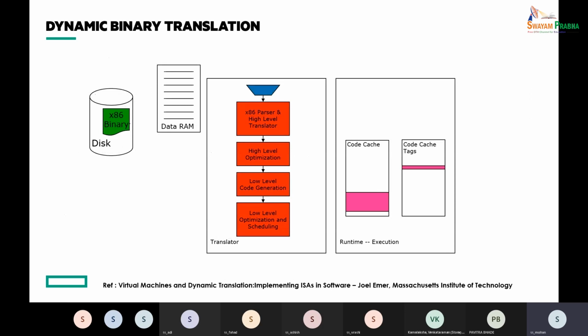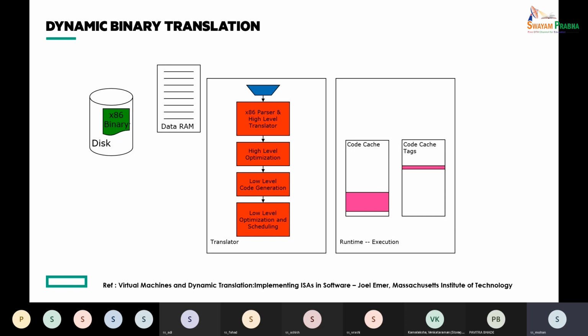If you've studied some of it in your engineering, you will know that it involves taking a binary and translating it, either to run on a different architecture, or if you want to do some optimization around the binary. Then you can make modifications in the binary in the final assembly, and you can run it on the system. So that's what a translator basically does.